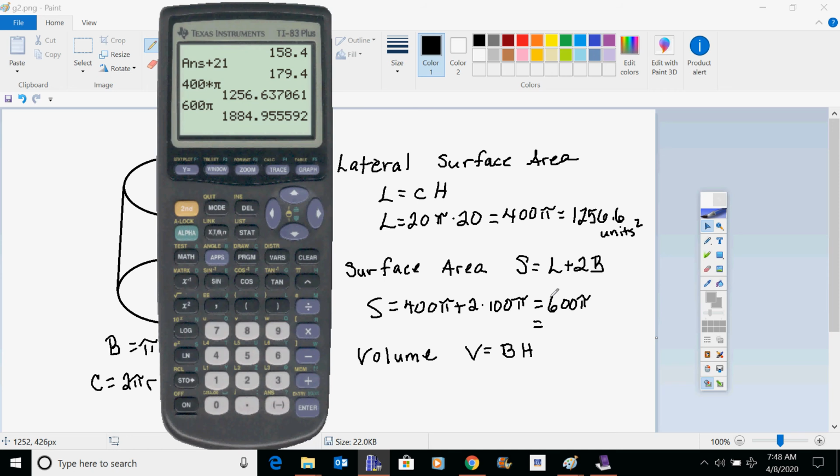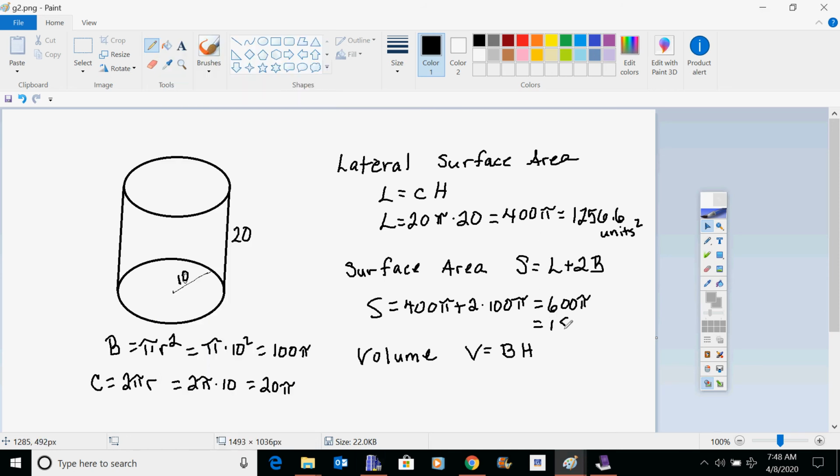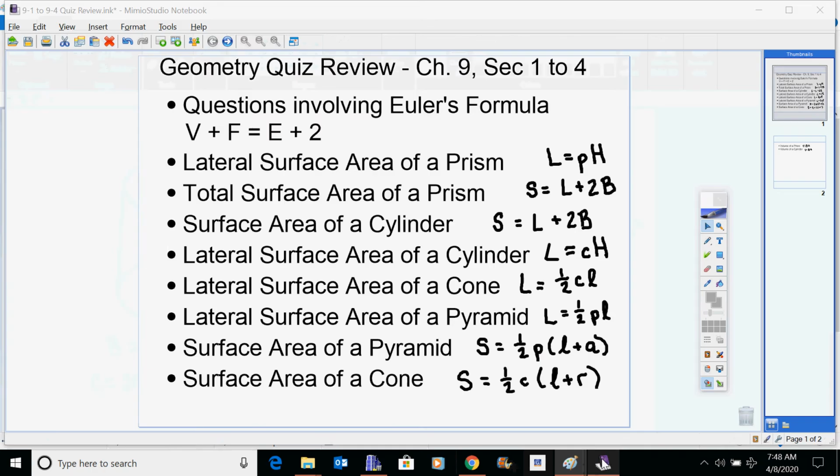So 1884.95 rounds to 1885 units squared. So that includes the top and the bottom. Now, as I said a minute ago, if you needed to paint like a tower or something and you just wanted the sides and the top, instead of doing plus 2b, you just do plus 1b. And yes, I know I have volume down here. I'm saving that for a minute.